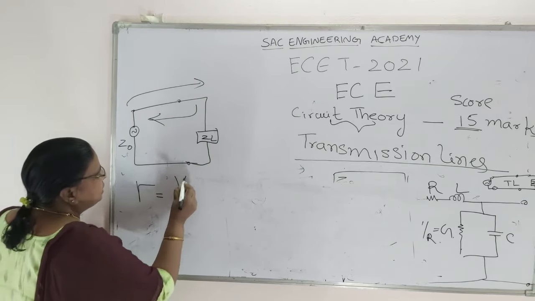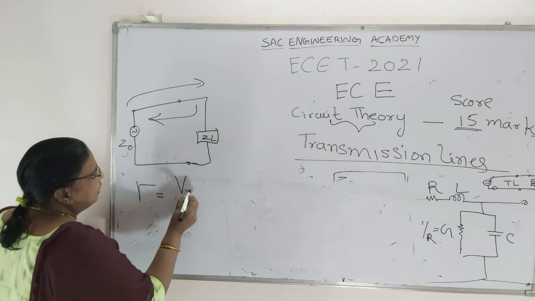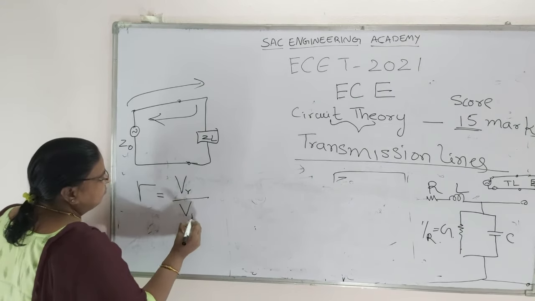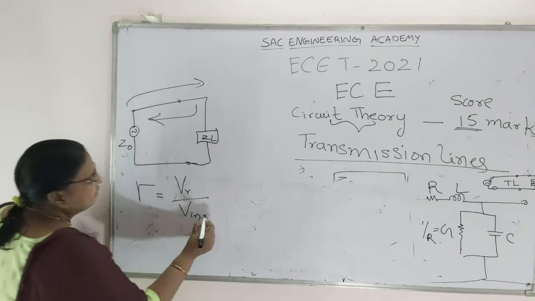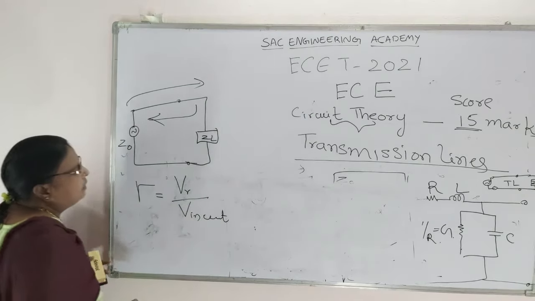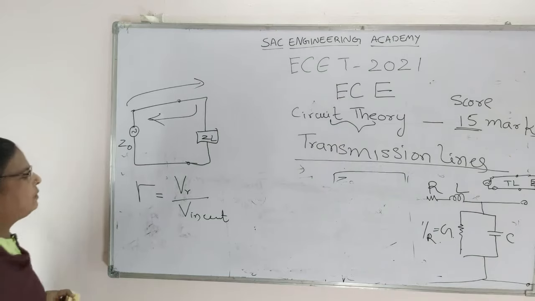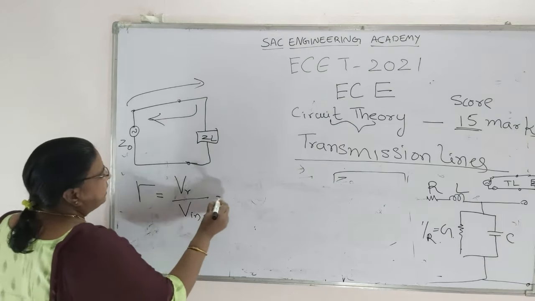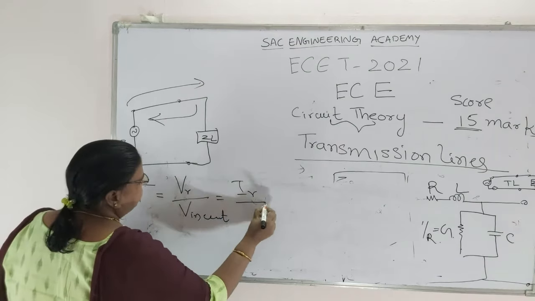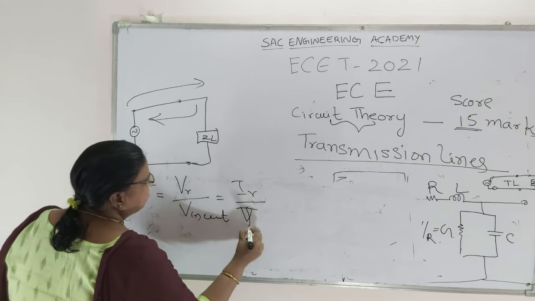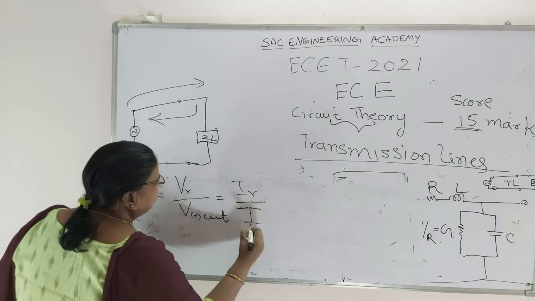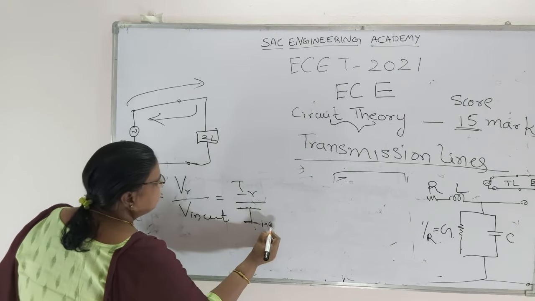What is the reflection coefficient? The reflected wave by the incident wave, in terms of voltage or in terms of current.